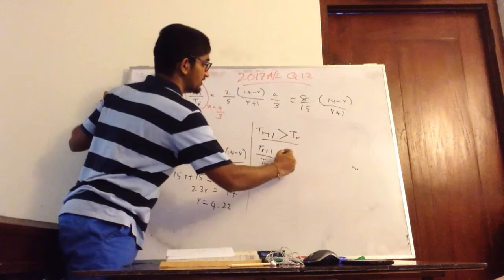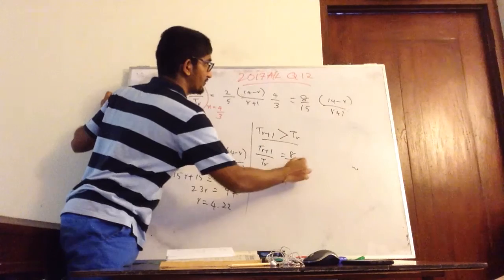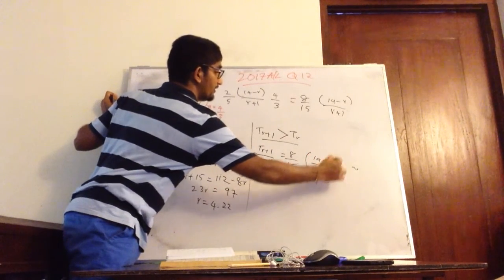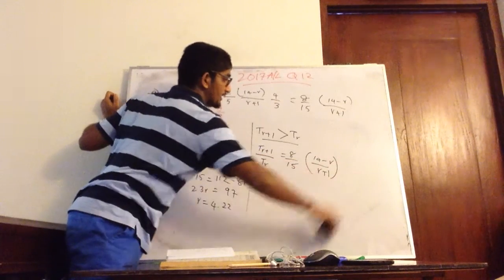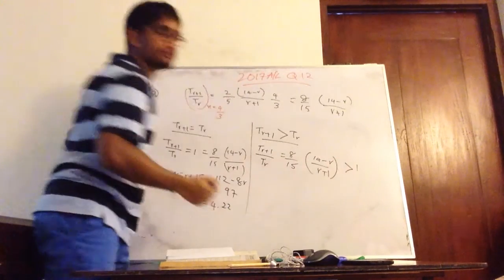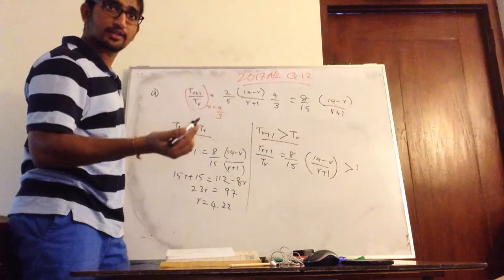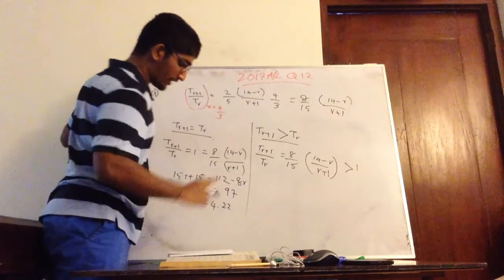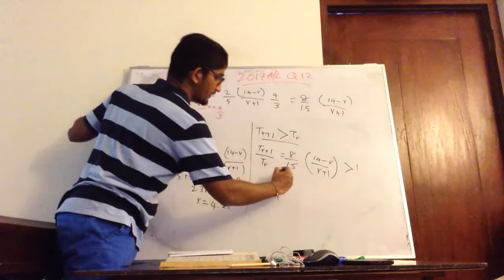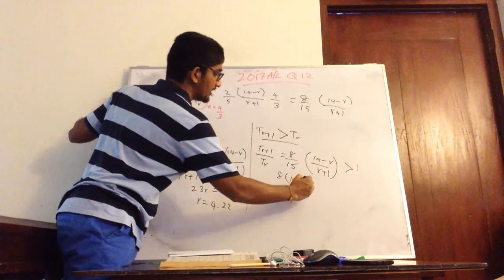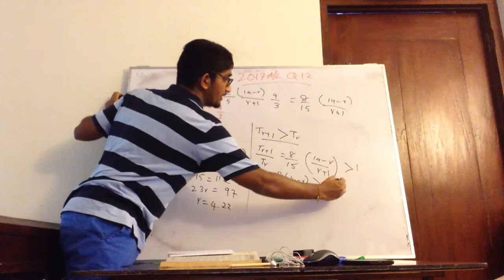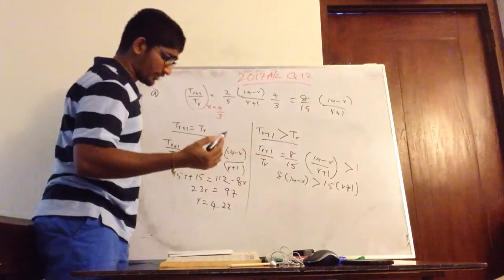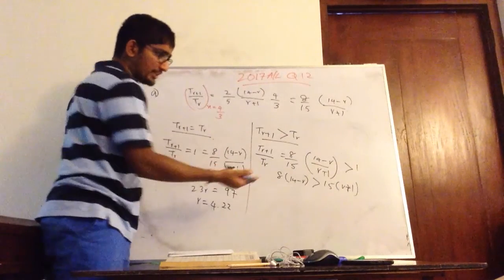So this is 8 times 14 minus R, over 15 times R plus 1, is going to be greater than 1, no? Agreed, no? So then what will I get? I will get 8(14 minus R) is greater than 15(R plus 1). Right, no?